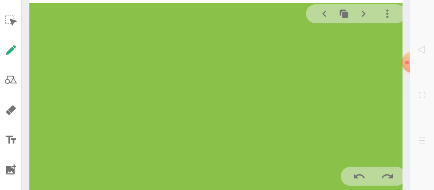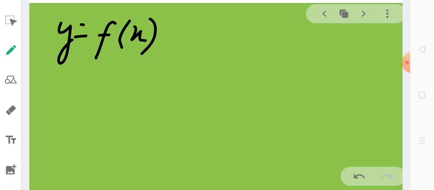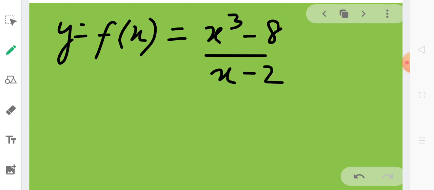For this I will be considering a function again. So y is equal to a function of x, and the function is written as (x cube minus 8) divided by (x minus 2).